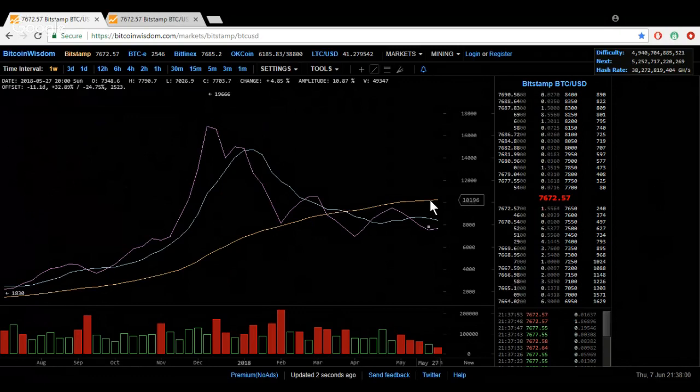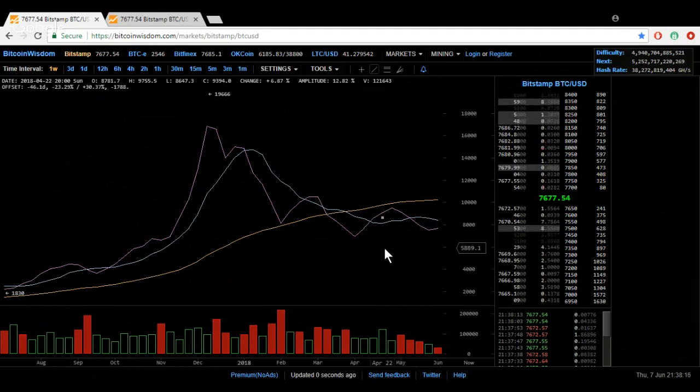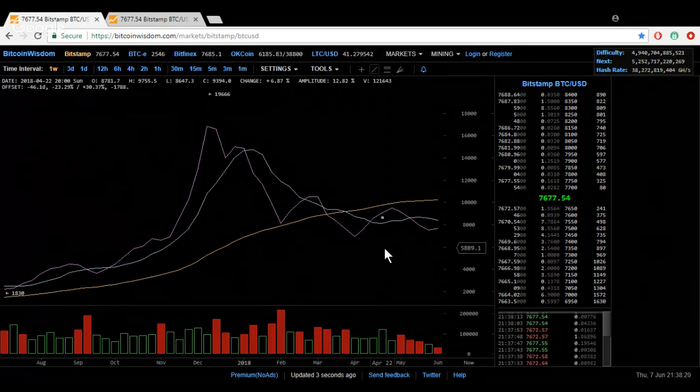And it will flatten out a lot more quickly as each week goes on, and then it will begin to drop. So we need to get the price above 10,100 approximately fairly quickly, or all these moving averages will be moving down.